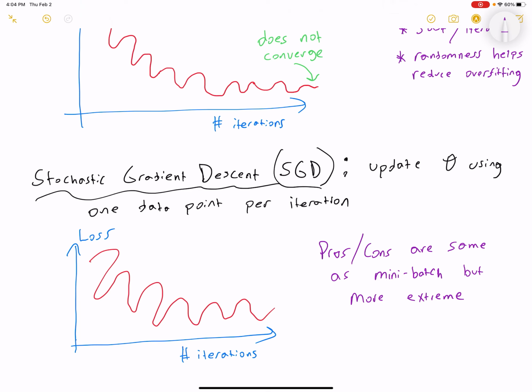In terms of what proportion of the data set you're looking at each iteration, these are the variations, but there are other variations that you could apply to any of these three. For example, the adaptive learning rate, and there are some fancy things that we'll learn about that don't really apply when you're doing linear and logistic regression because you're optimizing a convex function. So the local minimum is always the global minimum.